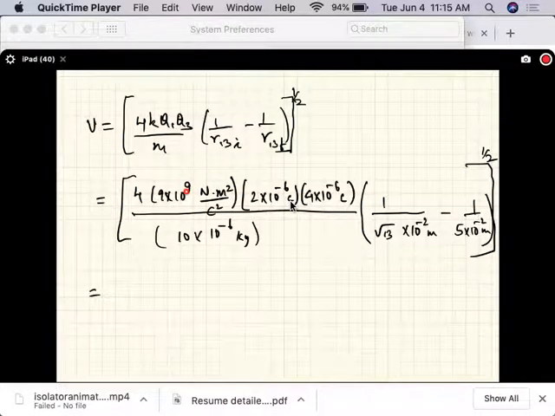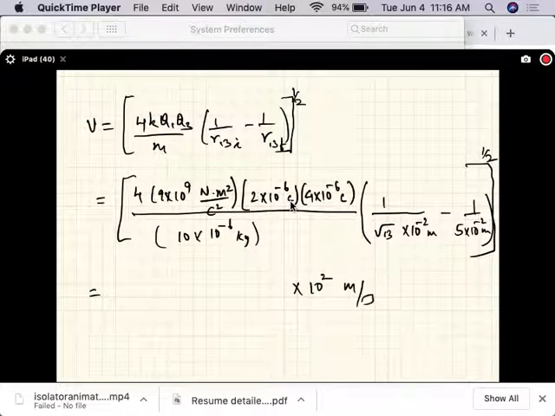We don't like plus 5, so we'll spend 1. 10 to the 4 to the power half is 10 square meters per second. 10 to the power 5 divided by 10 is 10 to the 4. So here's what's left, and I hope I'm right. 4 times 9 times 2 times 4 is 8.